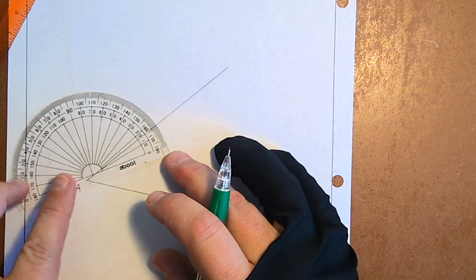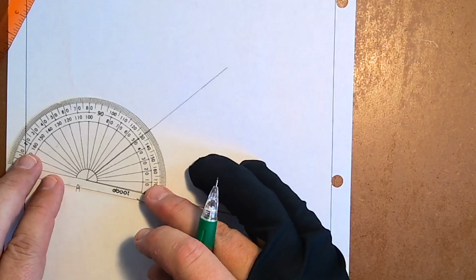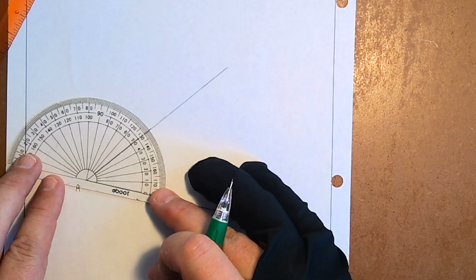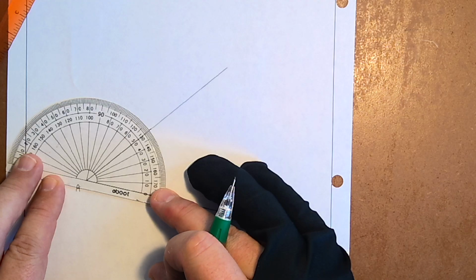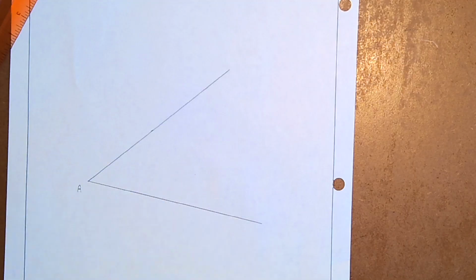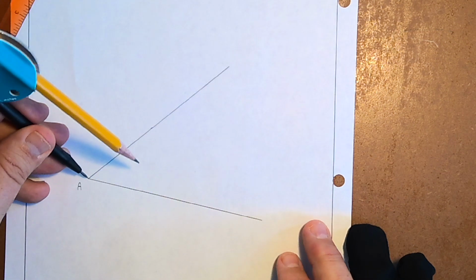And again, we could check it by lining our protractor up along our side here and reading out the 50 line. All right, now let's focus it up a little bit. So we're going to pick a compass setting.